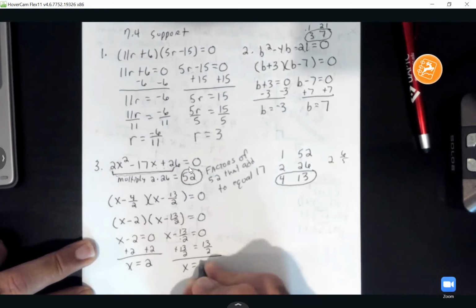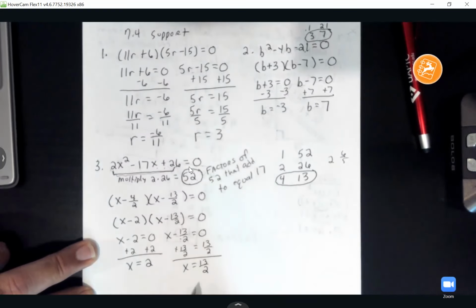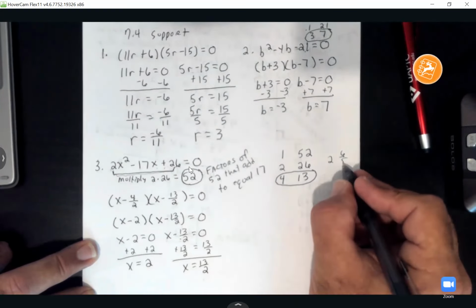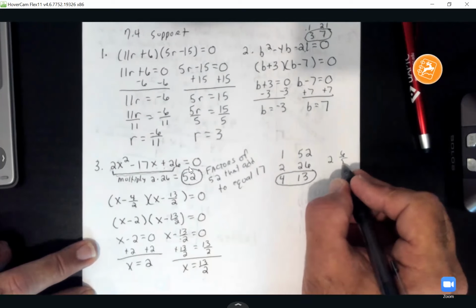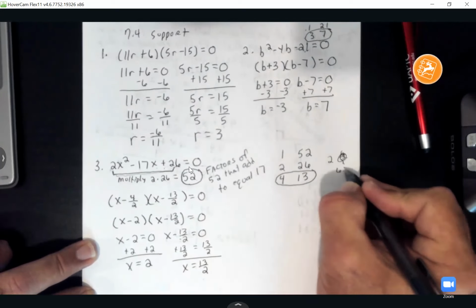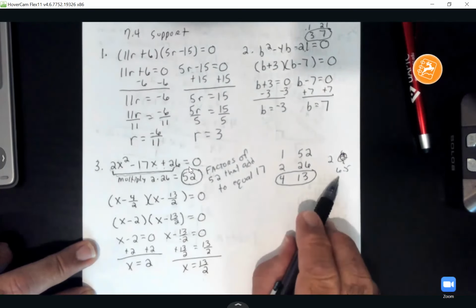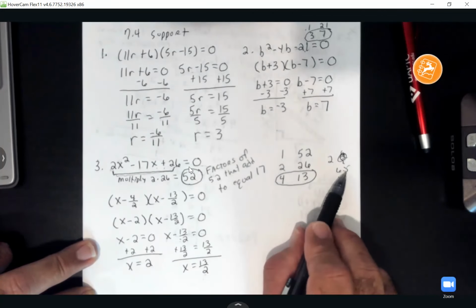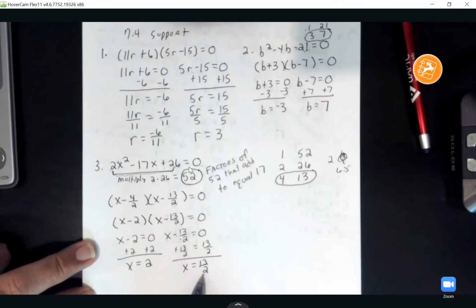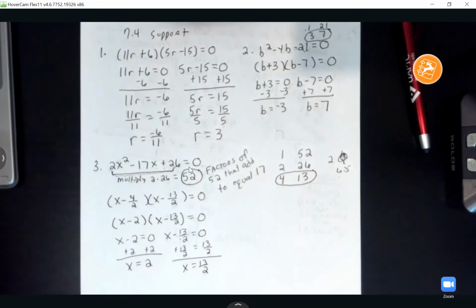And guess what? This 13 halves, if you take that 6.5 we got a while ago, oh yeah, that was a 6.5. But if you take this 13 halves, it'll turn into a 6.5 decimal form, which means the 6.5 decimal form will turn into a 13 halves on your calculator.